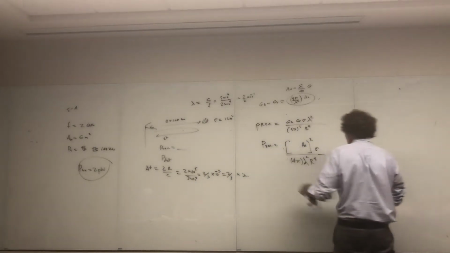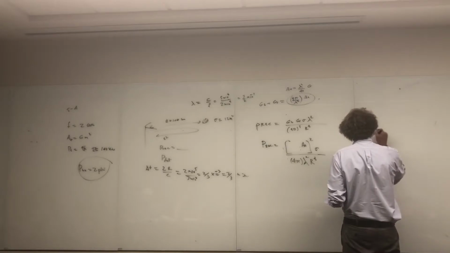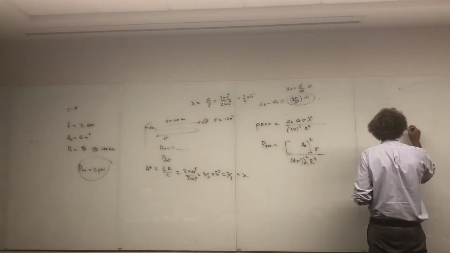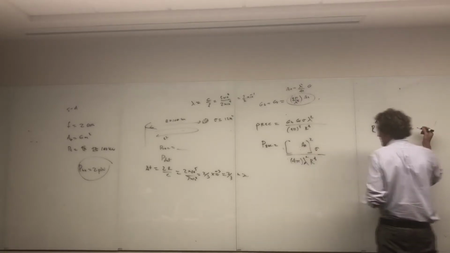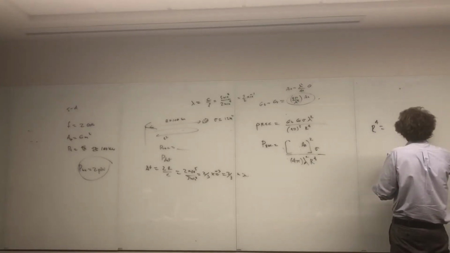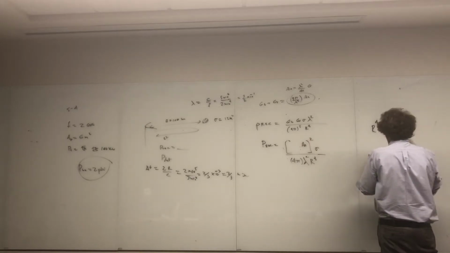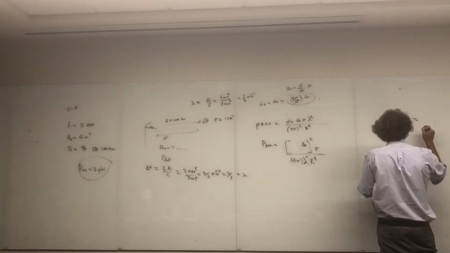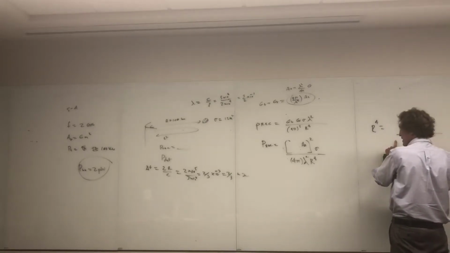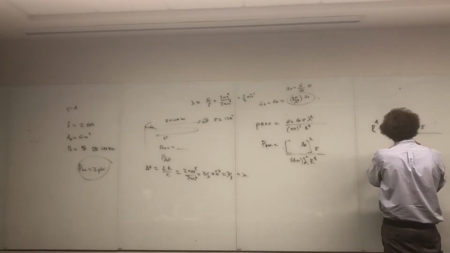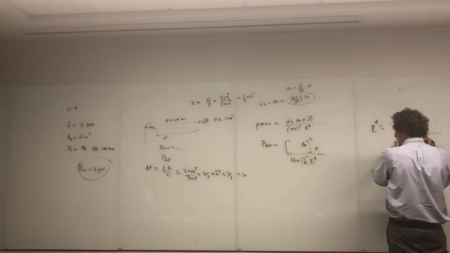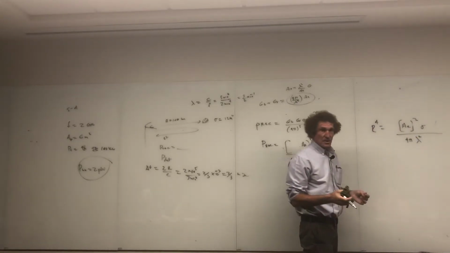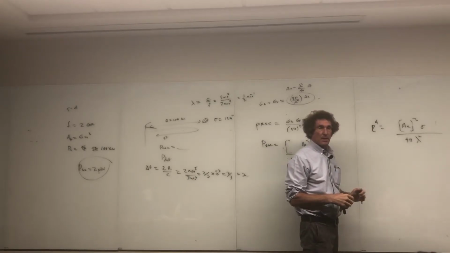So now I simply take that R to the fourth, which would be equal to P received, and that would be minimum P received. Or I'm sorry, R to the fourth comes up here, and then I have the effective aperture squared times sigma over 4 pi, and then lambda squared. Now that's R to the fourth.